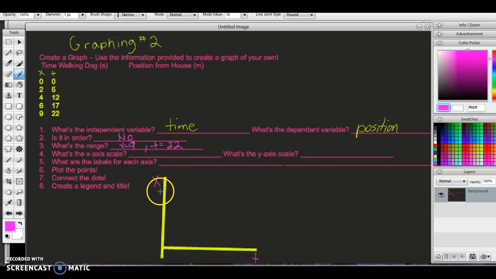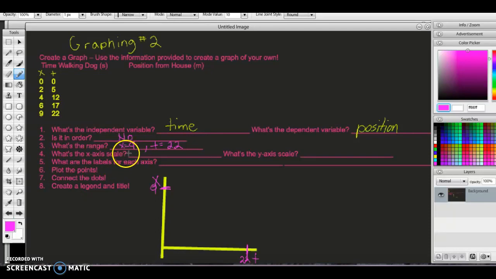All right, and we can go ahead and just put that on the graph so you can know where to start. So the highest number for x is going to be 9. Highest number for time is going to be 22 seconds.